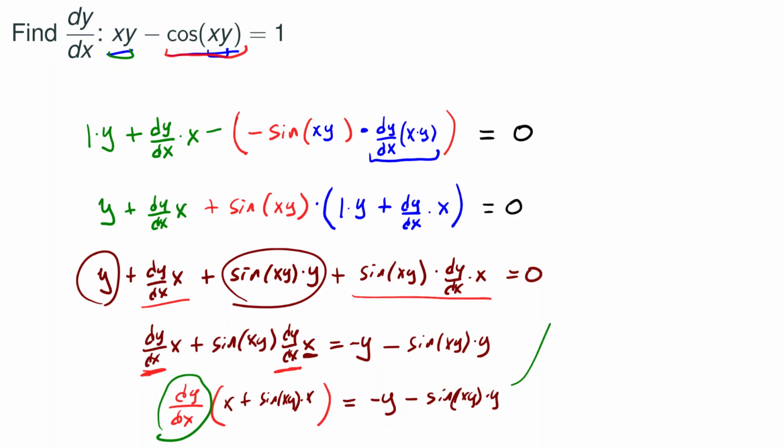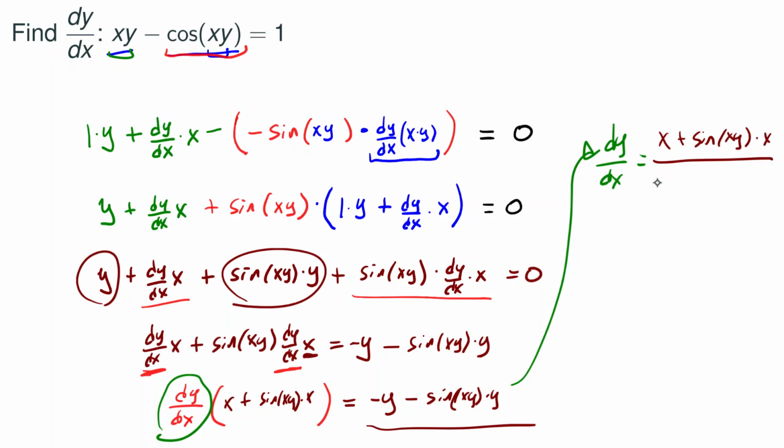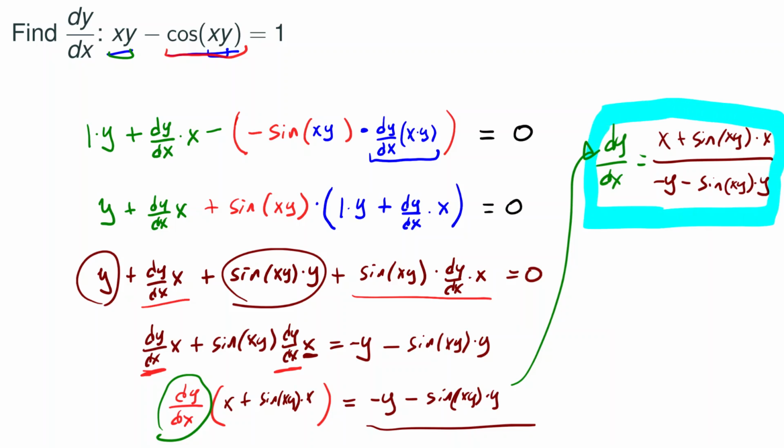So let me write the final answer: dy dx equals negative y minus sine xy times y, over x plus sine xy times x. So this right here is the derivative of y with respect to x.